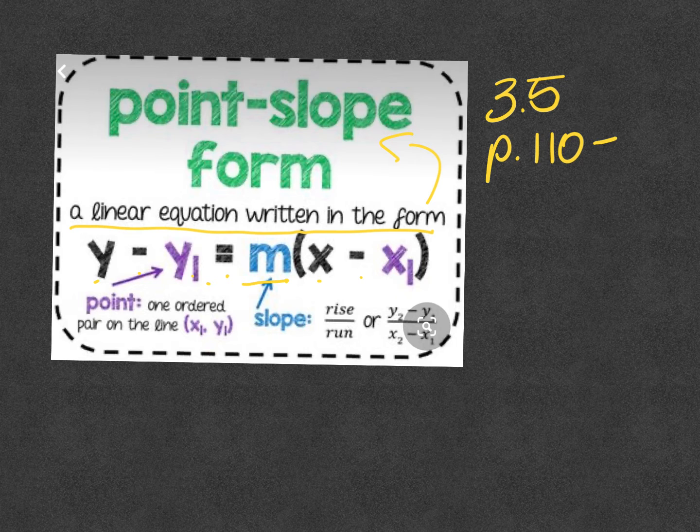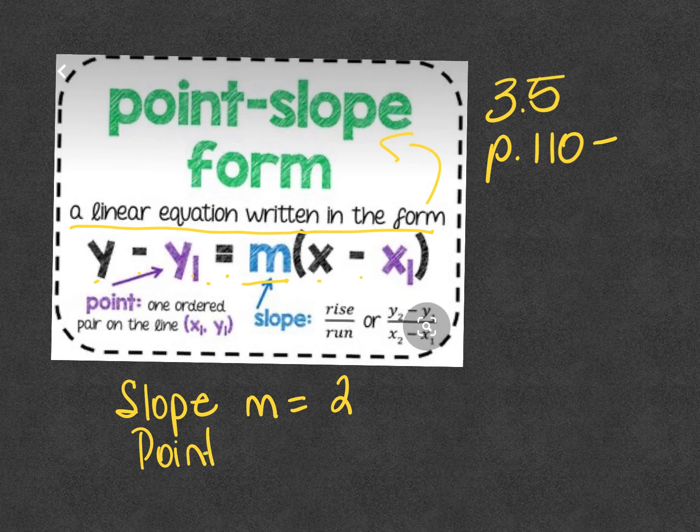Most of the time in your textbook, you will be given the value of slope. I think actually in your textbook it's written like that instead of m equals, but it's the same thing. So let's say you're given the slope of 2, and you're given the point (5, 7), okay?